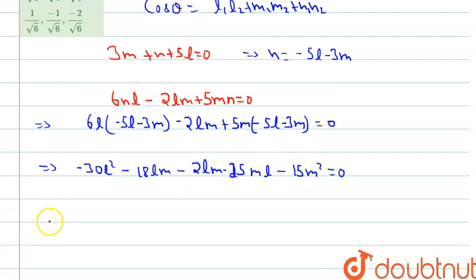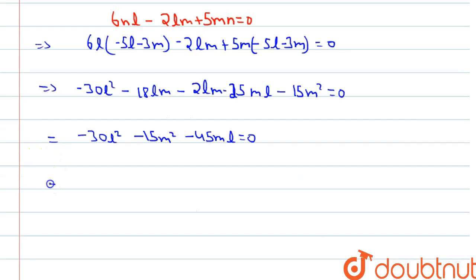Here the 30l^2 and -15m^2 terms stay as they are, and the lm terms are all negative, so together they become -45ml. Now we multiply the whole equation by -1 and divide the whole equation by m^2. So this becomes 30 (l/m)^2 + 45 (l/m) + 15 = 0.